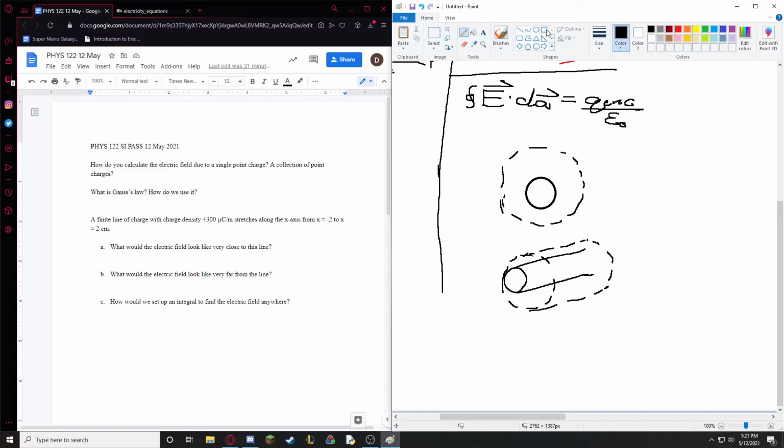Now, what was the last one you mentioned? Planar, exactly. So let me actually draw this manually. We'll imagine we have an infinite plane of charge. What is our Gaussian surface for a plane going to look like?